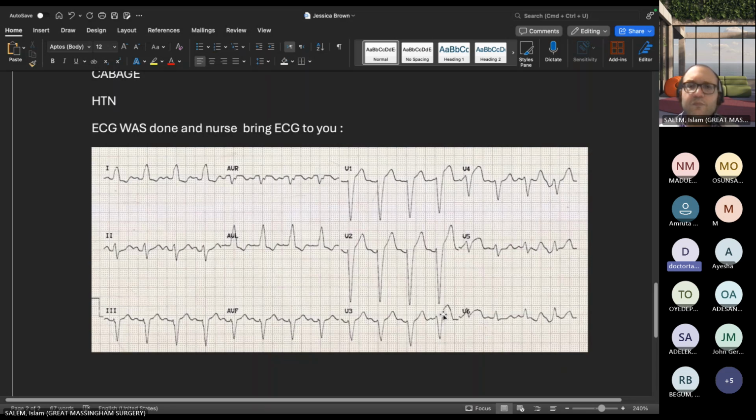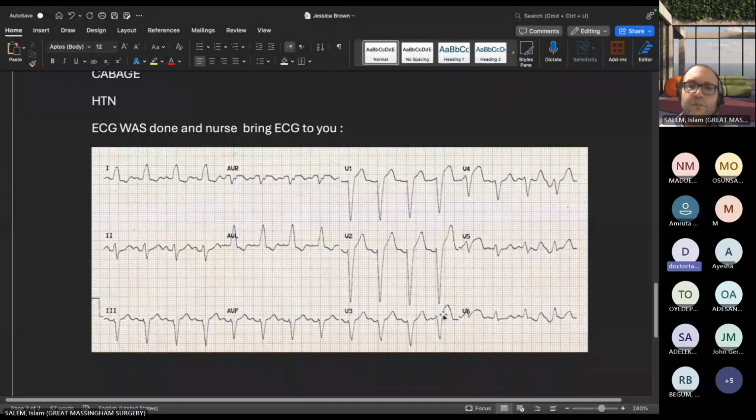This is almost 100 per minute, so this is most likely a regular rhythm. Axis deviation is left axis deviation. What I can see here is the P wave followed by the QRS. The QRS complex is quite wide.